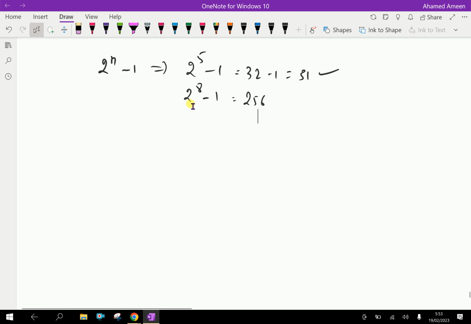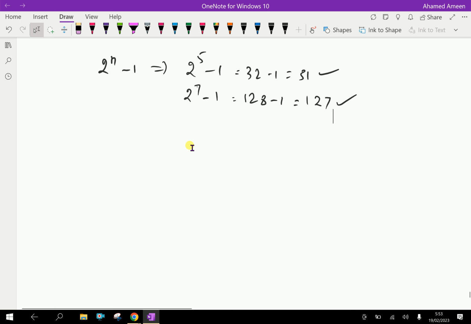This 8 is not a prime, so we should express with a prime number. Suppose 2 power 7. 2 power 5 is 32, 2 power 6 is 64, 2 power 7 is 128. So 128 minus 1 is 127, which is a prime number. Like that, we can express prime numbers in some ways.